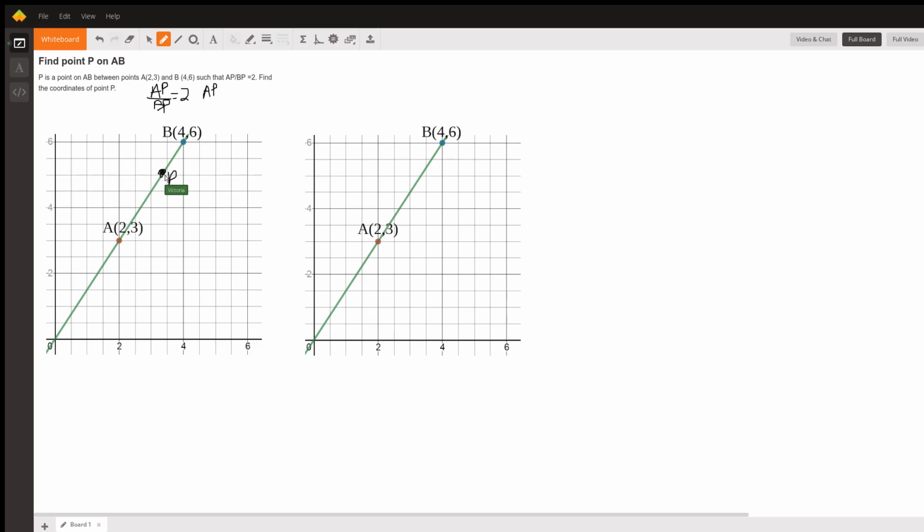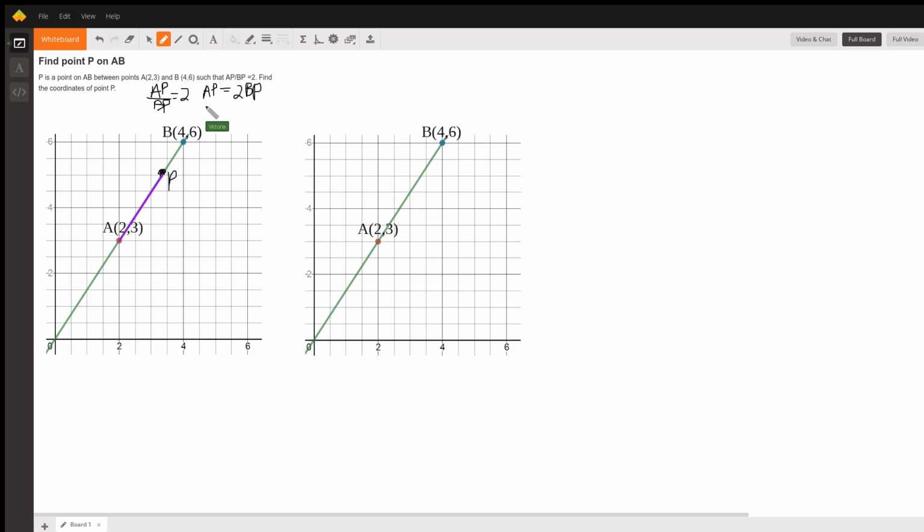This length, which is AP, is twice the length of BP. So it's twice the green length here.